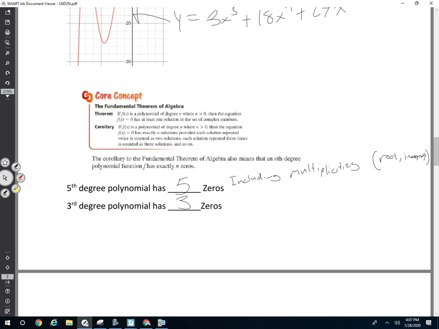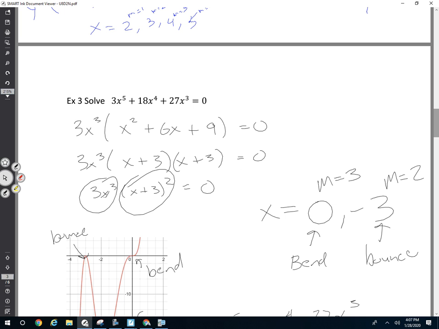What was this type of function? A fifth degree. How many zeros did I have, Ms. Wenson? Two.